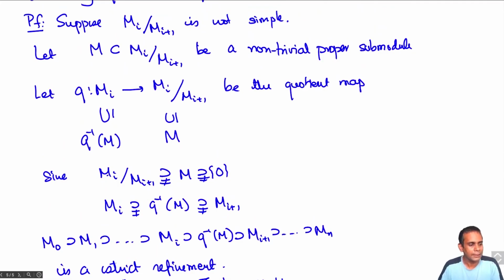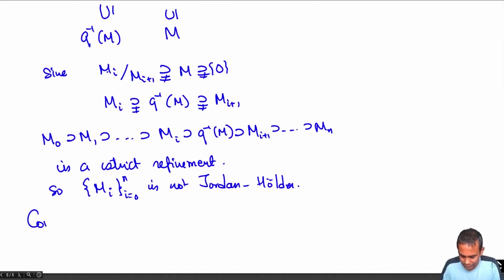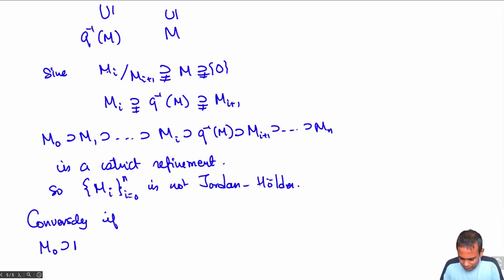Now conversely, we will show that if we have a refinement, M_0 contains M_1 contains M_i, and then we have a new guy which we insert, let's call it N, contains, and then we go back to our old series.